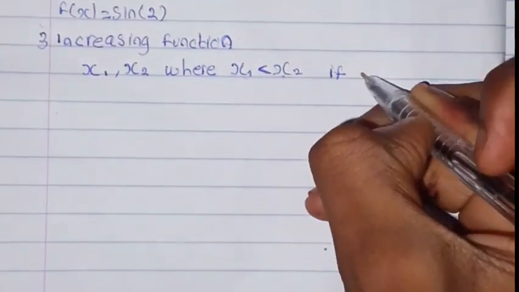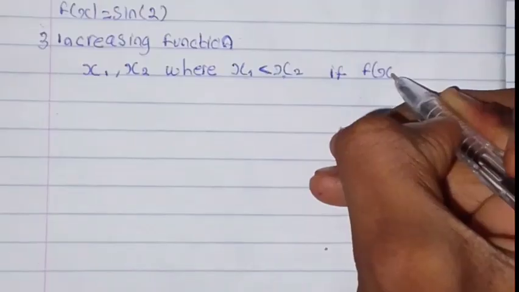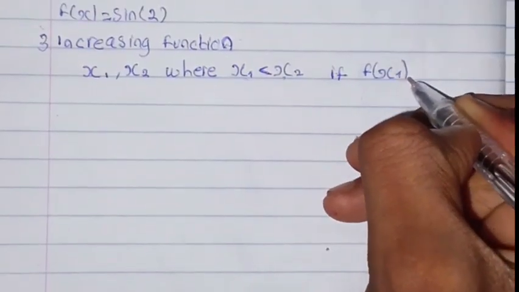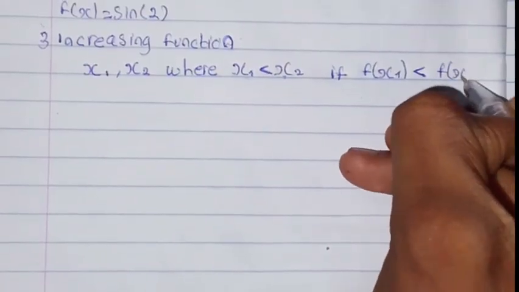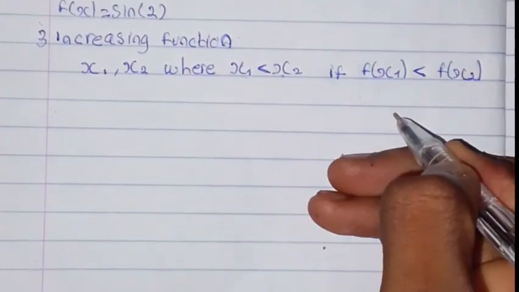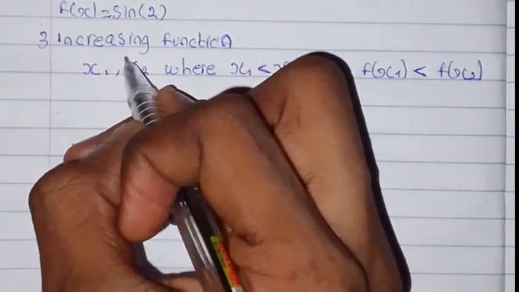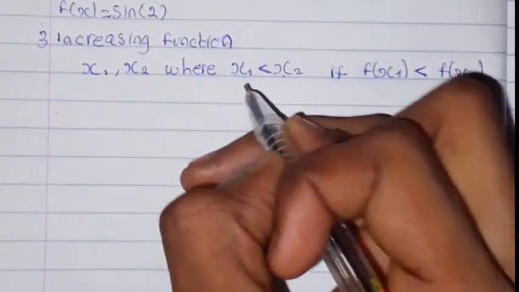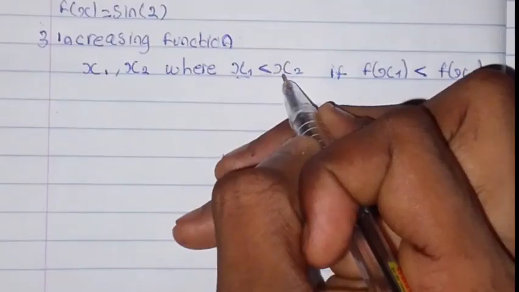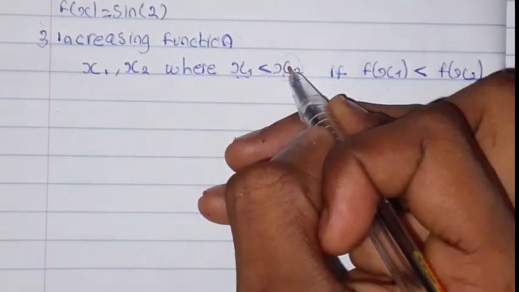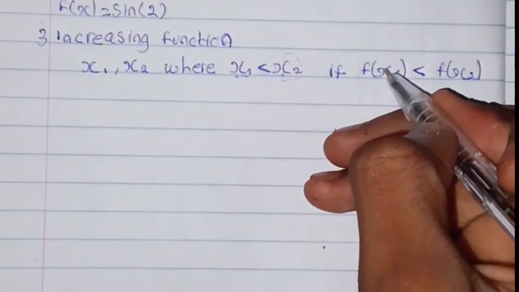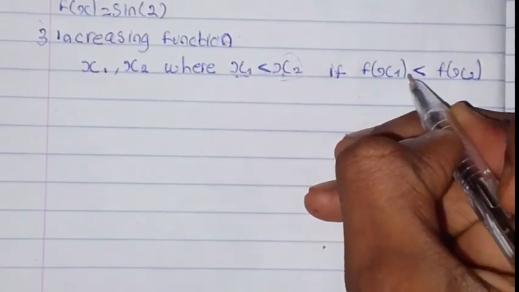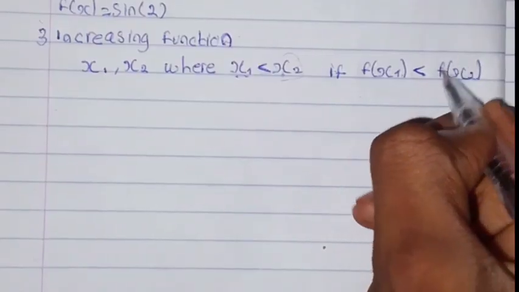Now if f of x1 is less than f of x2, we say that this function is increasing. x1 is less than x2 because you are moving to the right of the horizontal axis, and f of x1, which is on the vertical axis, the y-axis, is also less than f of x2, which implies that this is growing.